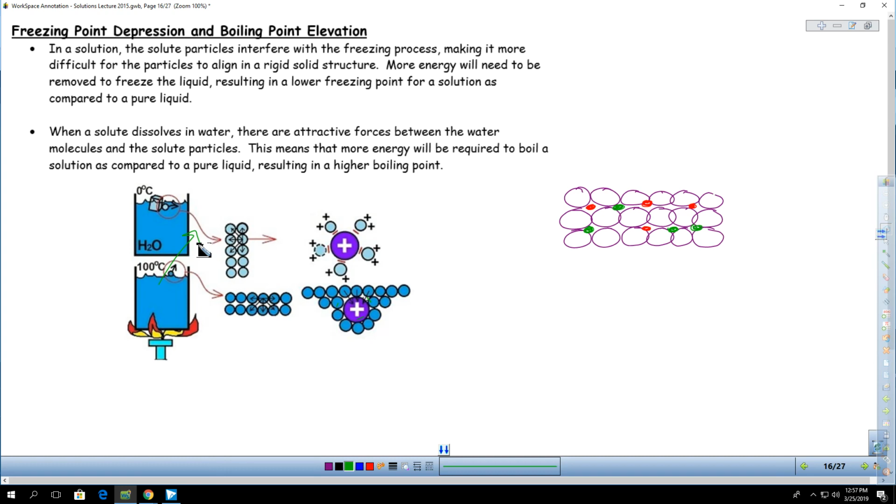So by the time the water is boiling, instead of it being 100 degrees Celsius, it might be 105, 110 degrees Celsius, depending on how much salt is in your water, which then, if the water is already at a higher temperature, will cook your pasta faster and obviously add flavor. Anyways, these are two things that we can definitely look at in the lab, and we can compare the freezing point and boiling point of a pure solvent to that of the solution. Freezing points are lowered, boiling points are elevated.